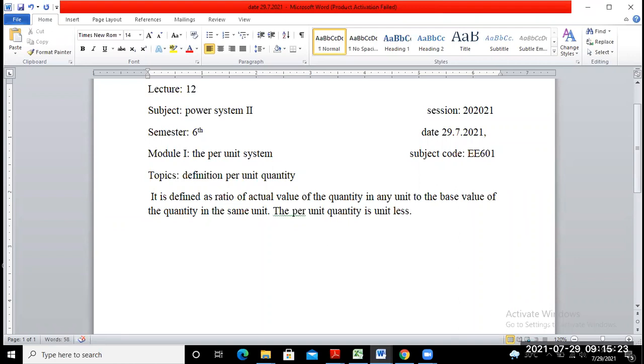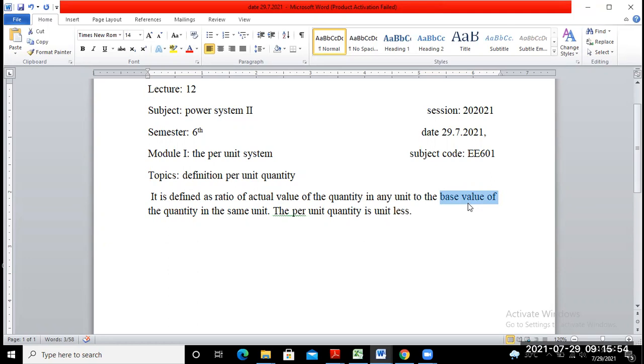Okay, so now one more point to concentrate on here: the base value. How can we choose the base value? That is more important. Whatever you discuss or solve in your problem involves various types of electrical equipment, as I already explained.